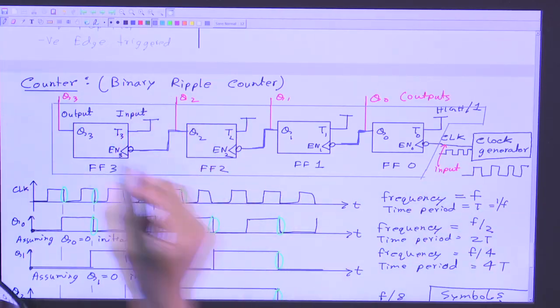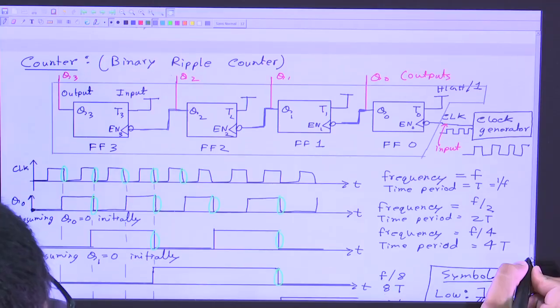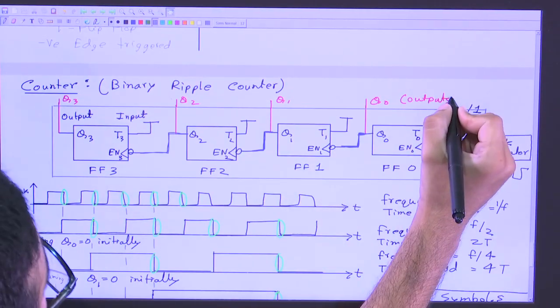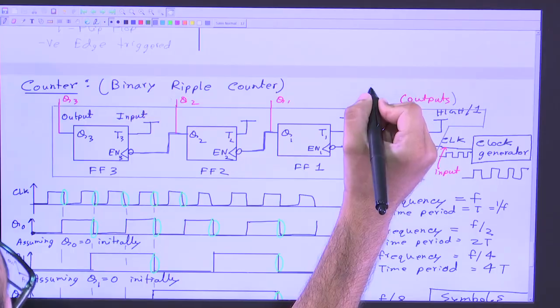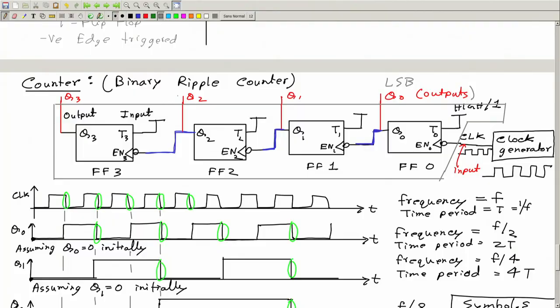So that's why possibly it's called binary ripple counter. And here this we will call the LSB, least significant bit, and this is the MSB, most significant bit of this counter.